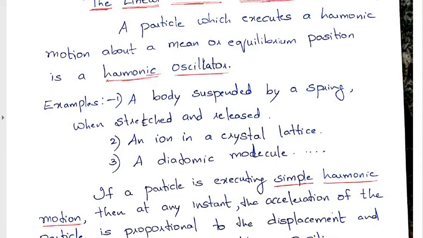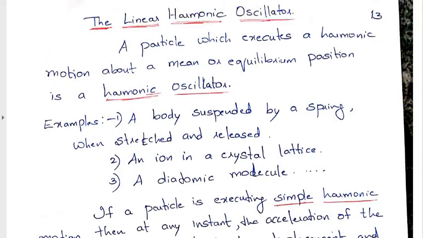So the example for a harmonic oscillator is, say, if we have a weight suspended by a spring and we pull the weight, that is, we stretch it down and release it, then the weight is going to be describing a harmonic oscillation and it is said to be a harmonic oscillator.